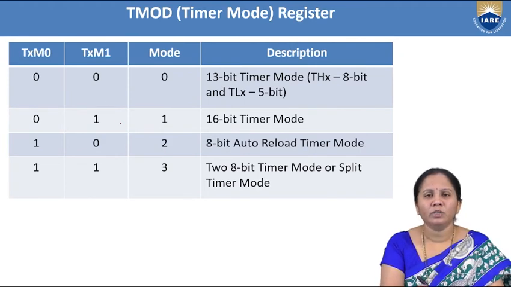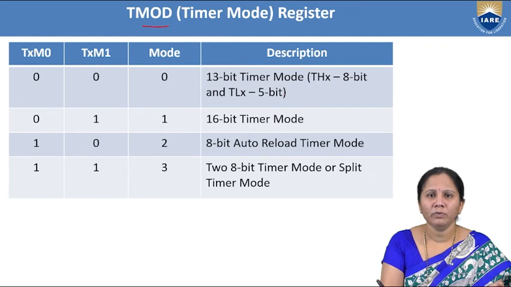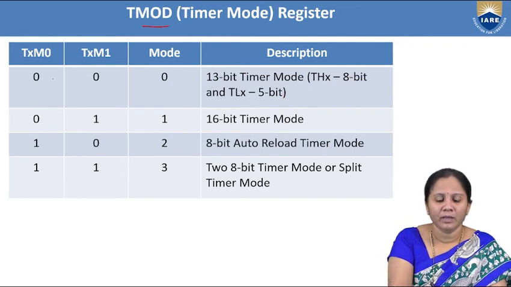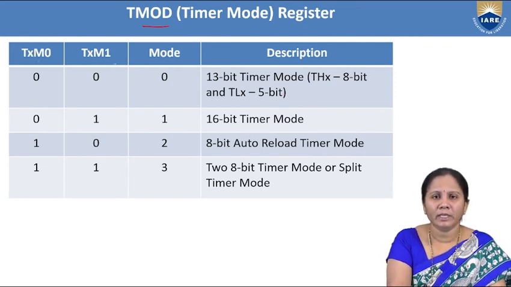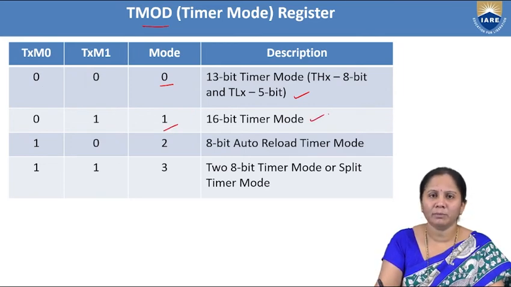And the 2 bits in the TMOD register say the mode of operation. So these are TM0 and TM1. If these 2 bits are 0, 0, it will be operating in mode 0, also called 13-bit timer mode. If these 2 bits are 0, 1, it will be operating in mode 1, which is called 16-bit timer mode.